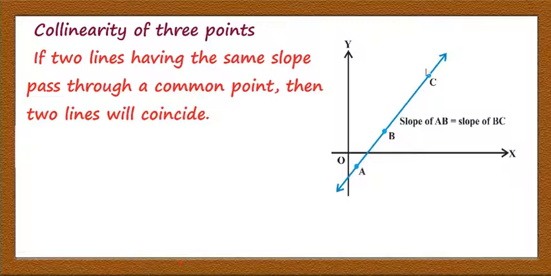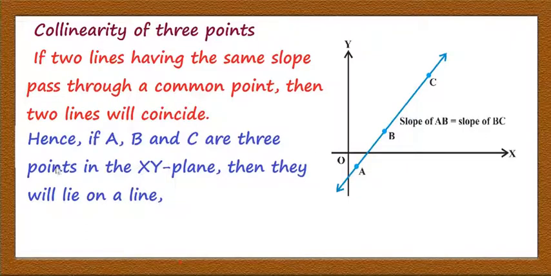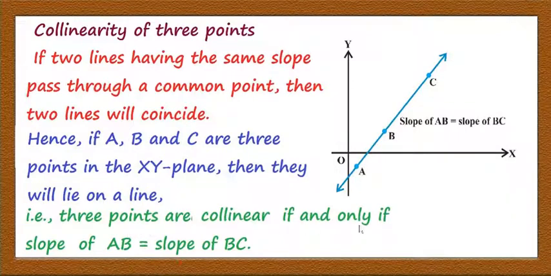This is the simplest method of verifying the collinearity of three points using the slope. Hence, if A, B, C are three points in the xy plane, then they will lie on a line if and only if the slope of AB is equal to the slope of BC.